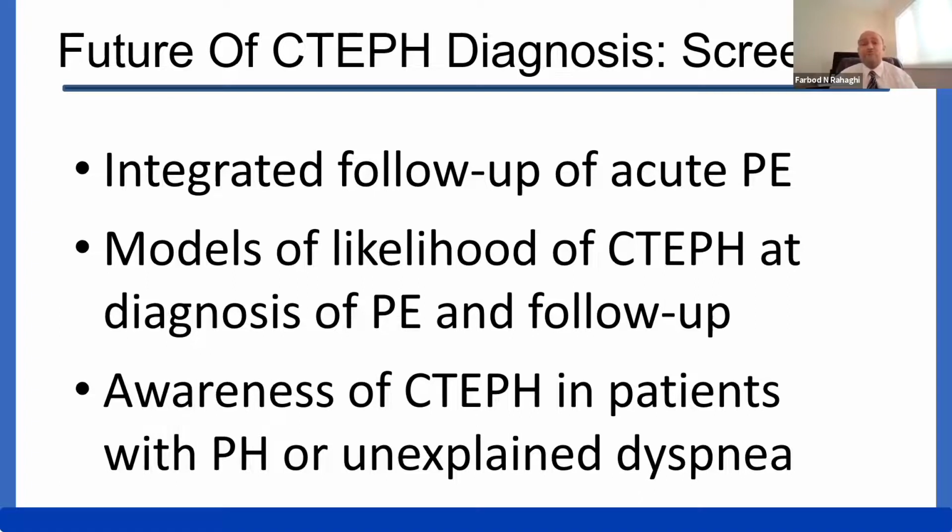Who should be followed up to make sure they don't develop CTEPH? And to create awareness in the community that patients who have unexplained shortness of breath, instead of just treating them for asthma over and over and over again, to ask the question, much in the same way as pulmonary hypertension, could this be something like CTEPH?